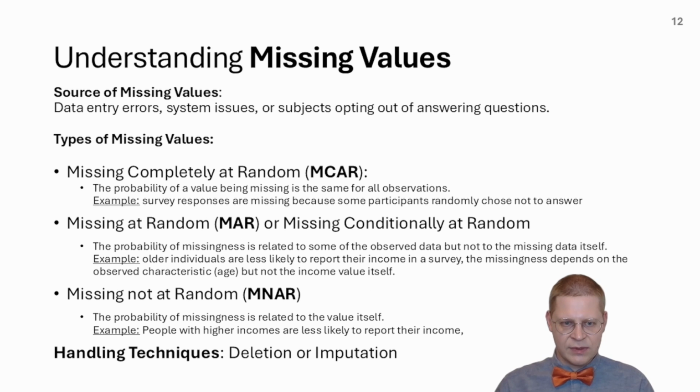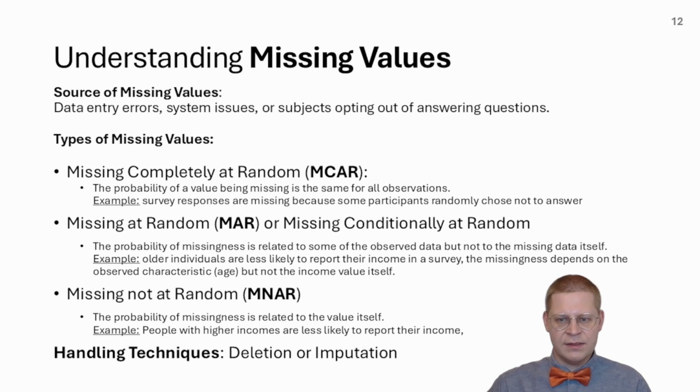The first step is missing values. Missing data is common and occurs for various reasons: entry errors, technical failures, participants refusing to answer. There are numerous ways you could have missing data. Missing data can be categorized into the following three buckets: missing completely at random, MCAR, missing at random, MAR, and missing not at random, MNAR.